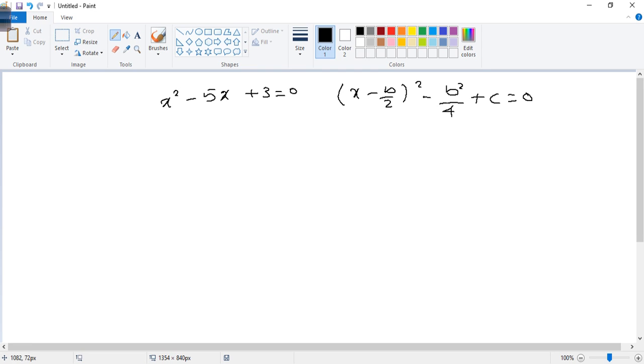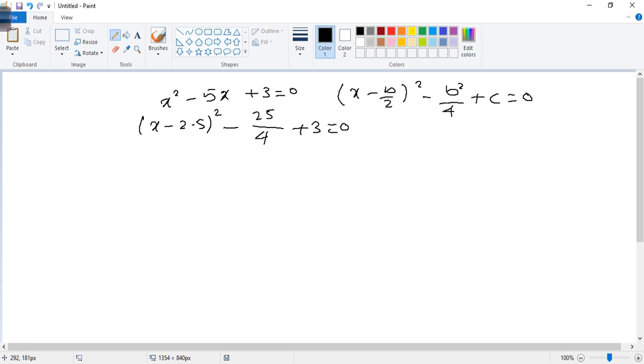This is the rule of completing the square. So it will be x minus 2.5, because b is 5 divided by 2, which is 2.5, squared, minus b squared, it means 25 divided by 4, plus 3 equals 0.